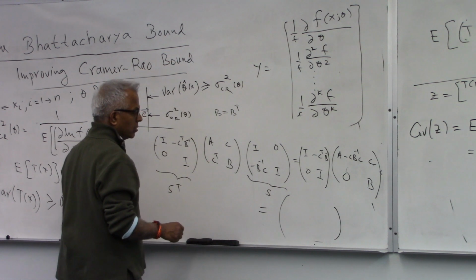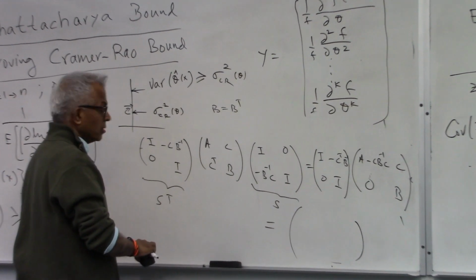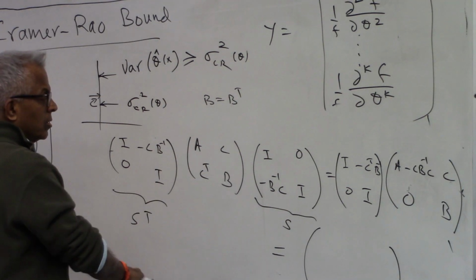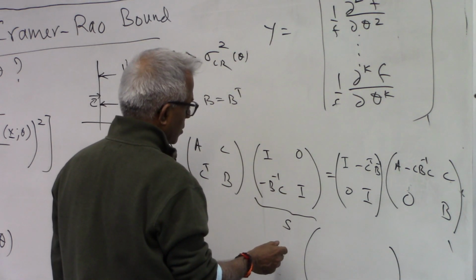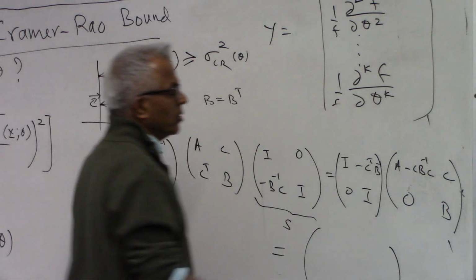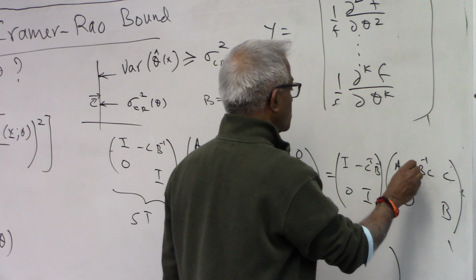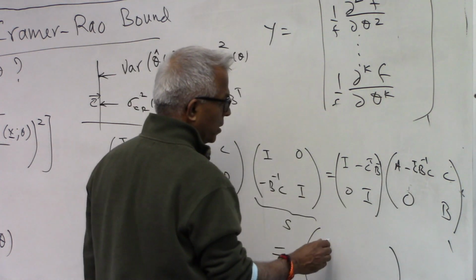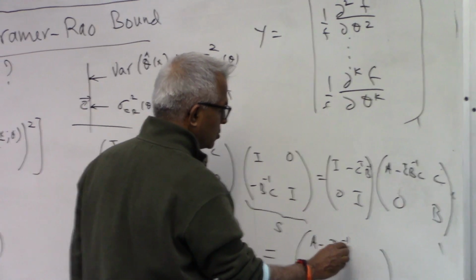In the other matrix where I'm going to multiply, it should be on the other side, the very far right. This guy should be C transpose. So this will be A minus C transpose B inverse C, right?